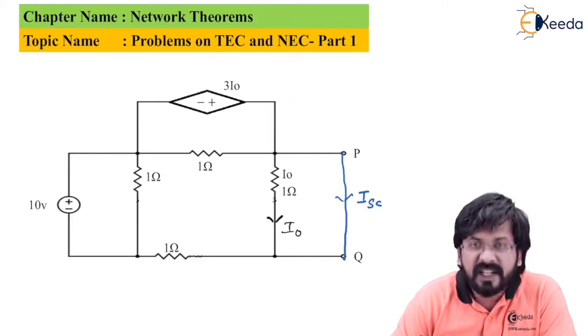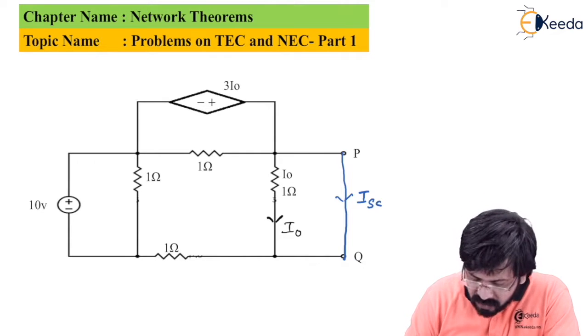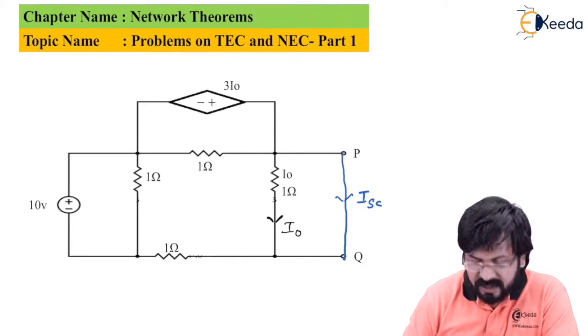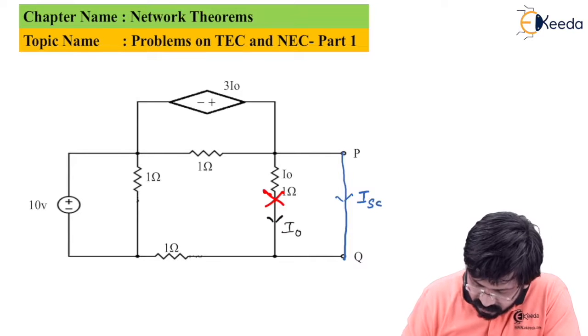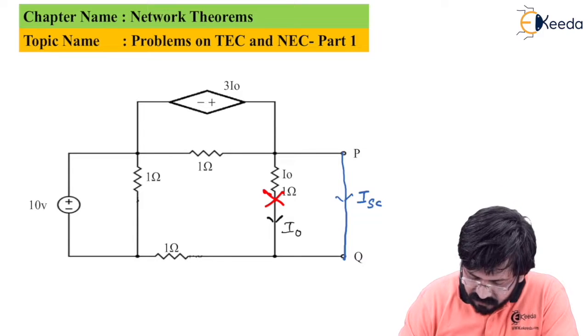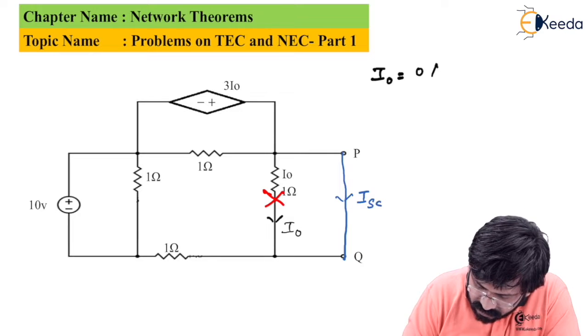Now we see clearly a short circuit is placed across a resistor. We know from previous problems that this 1 ohm can be neglected, because no current is flowing through it. So I can conclude that in this circuit I0 equals 0 ampere.